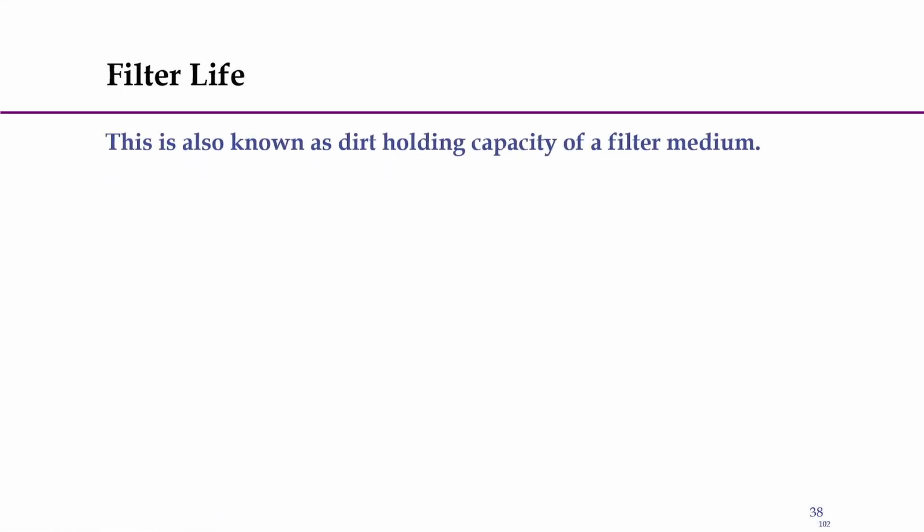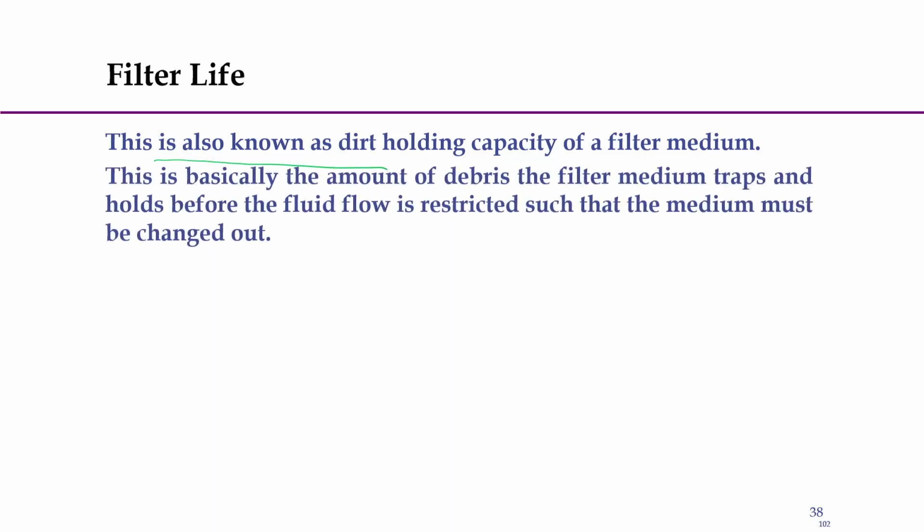So, filter life is also known as the dust holding capacity of the filter medium. This is basically the amount of debris the filter medium traps and holds before the fluid flow is restricted.